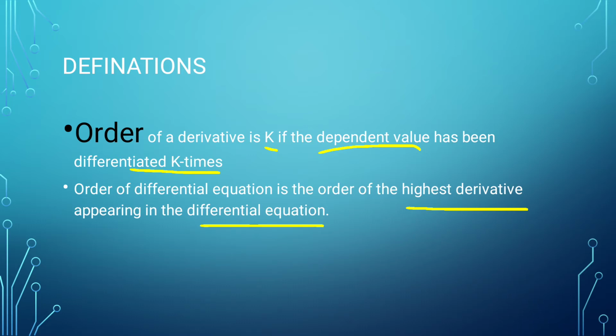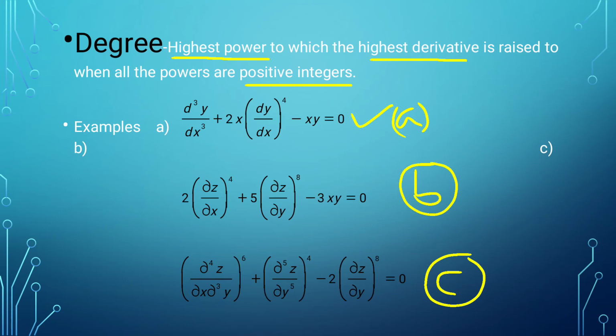So let's note the highest derivative. In this one, we have d cubed. This is d only, this is d cubed here, and this is only d power 1.